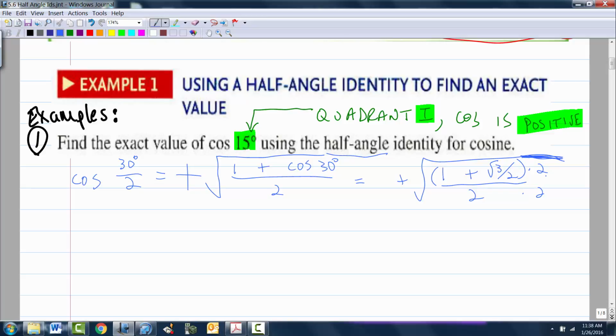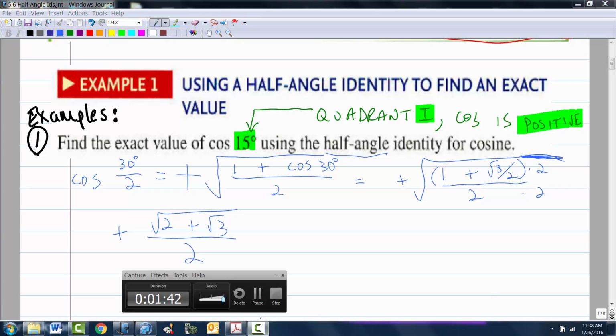That both gets rid of the fraction within the fraction, and what's 2 times 2? 4. What's the square root of 4? 2. And then the final answer actually is this: 2 plus root 3, the square root of that, all over 2. And that is your answer.